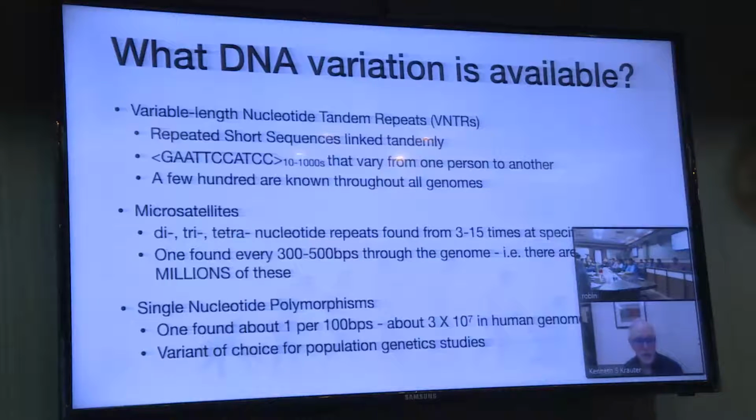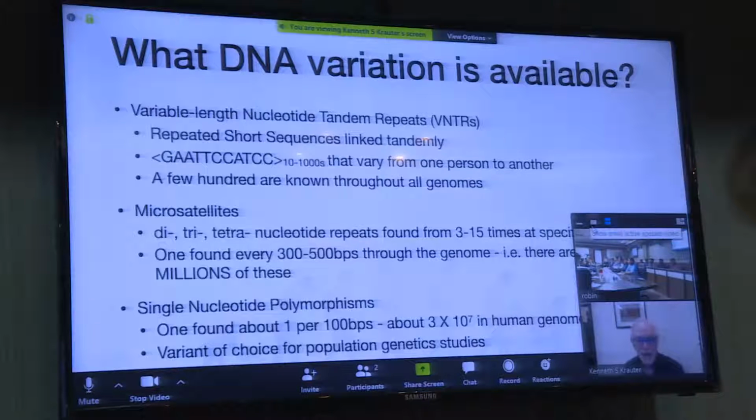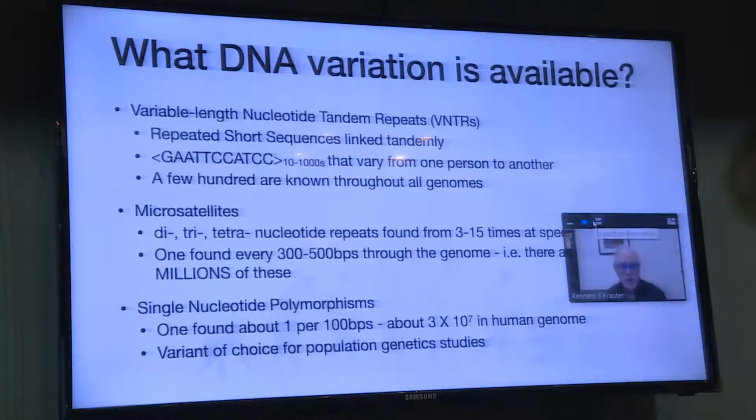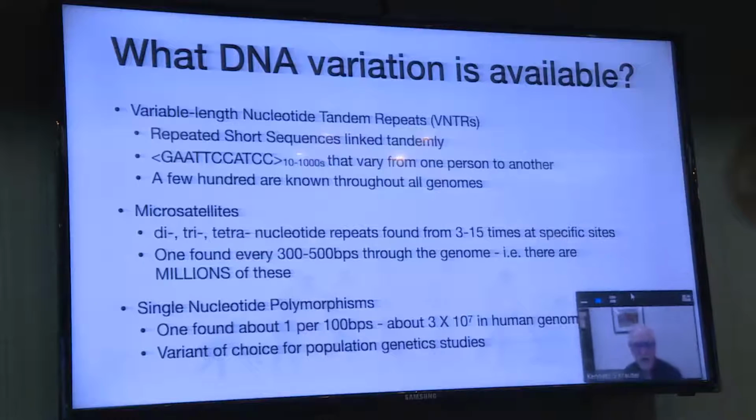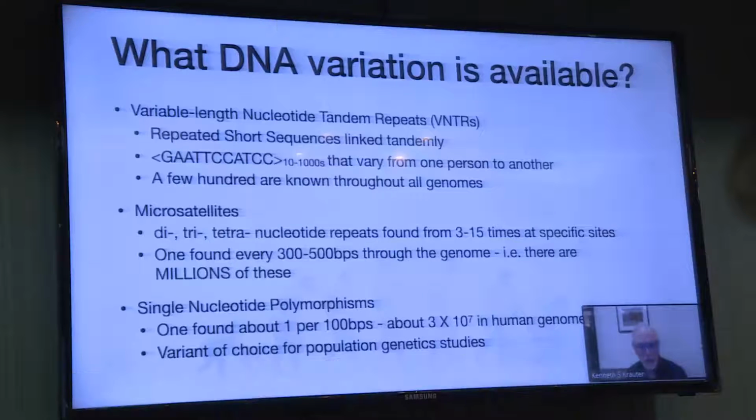The first of which was DNA that's referred to as variable length nucleotide tandem repeats, or VNTRs. We'll talk more about these VNTR sequences in a minute, but basically they're relatively short sequences, somewhere between six and maybe as much as a few hundred base pairs in length, that are repeated tandemly in the genome.